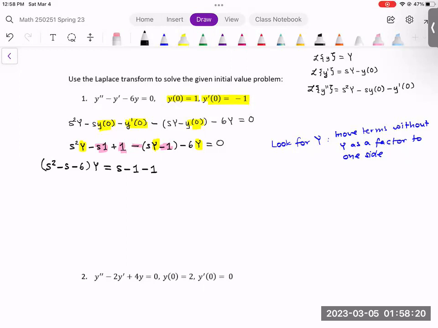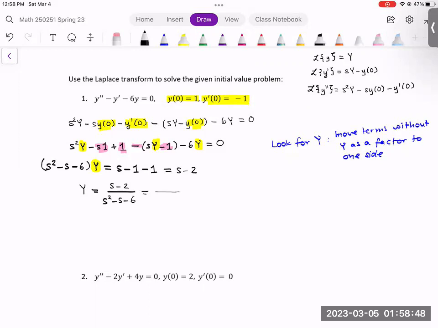So all told, this is equal to s minus 2. All right, and so we are now able to solve for Y. Y is going to be equal to s minus 2 divided by s squared minus s minus 6. Okay, so we don't necessarily see this on our list.